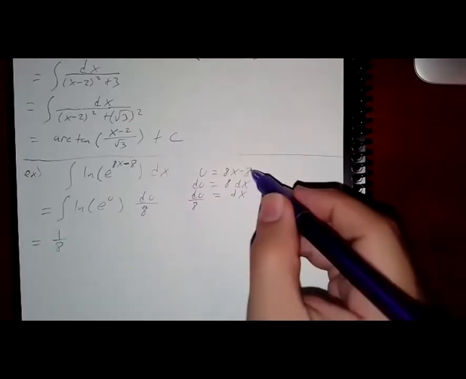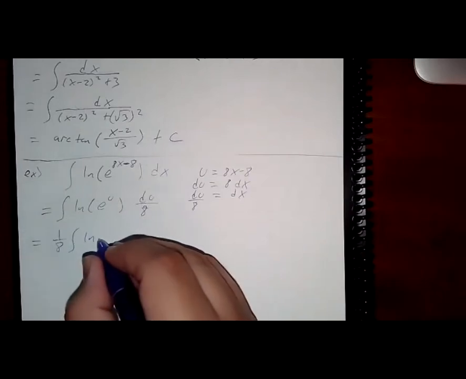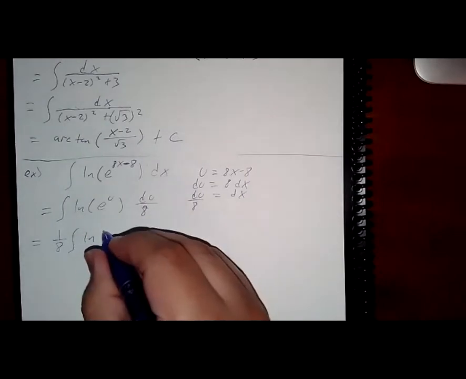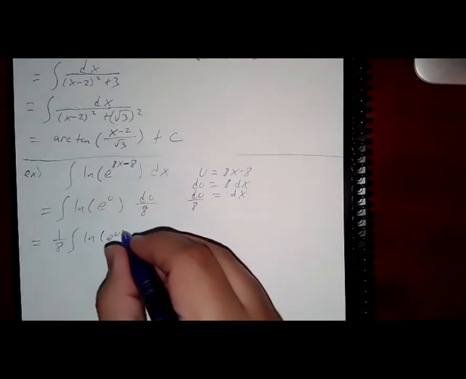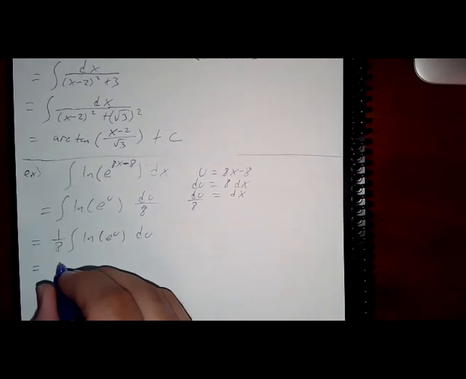So once you do the sub, pull out the 1/8, ln of e to u du. But before we integrate, ln and e are inverse functions. So they will cancel each other out at this point.